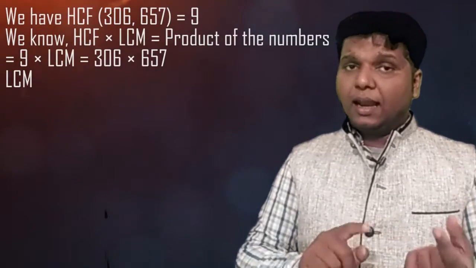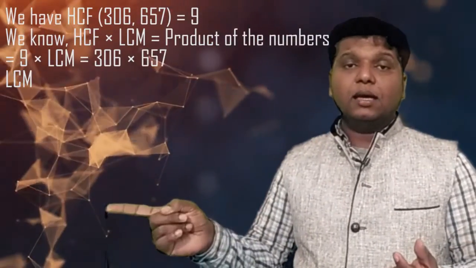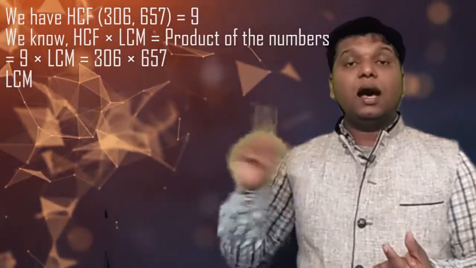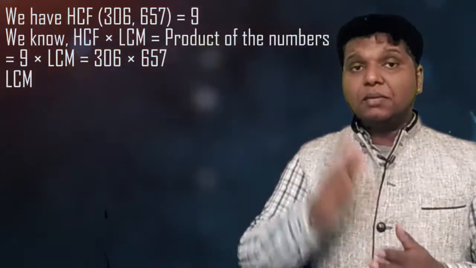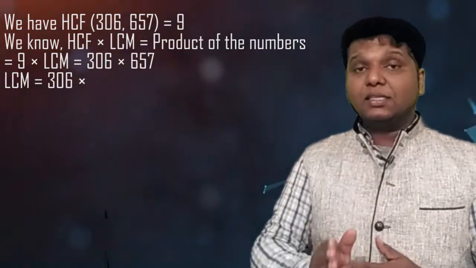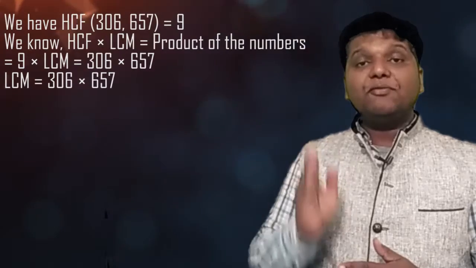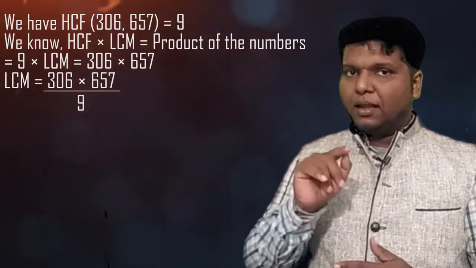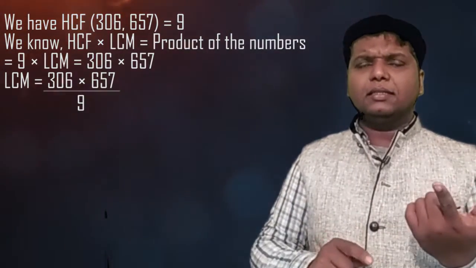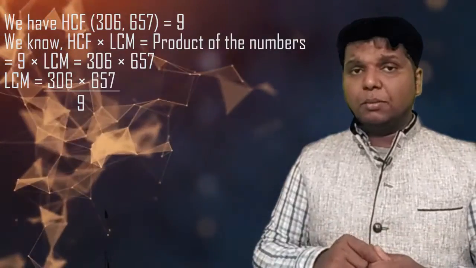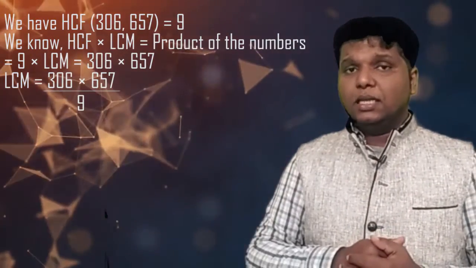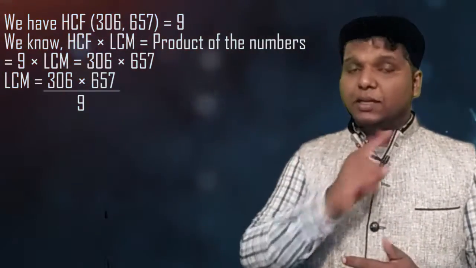So here, when we are taking this 9 to the RHS, what happens? LCM is equal to 306 into 657 divided by 9. 9 and 306, both of them come in the table of 9. You can cancel it with the table of 9. Cancelling it, you will get 34.